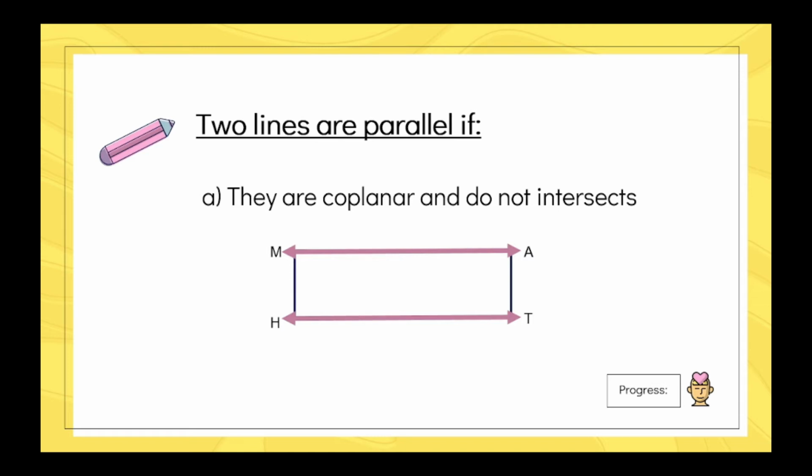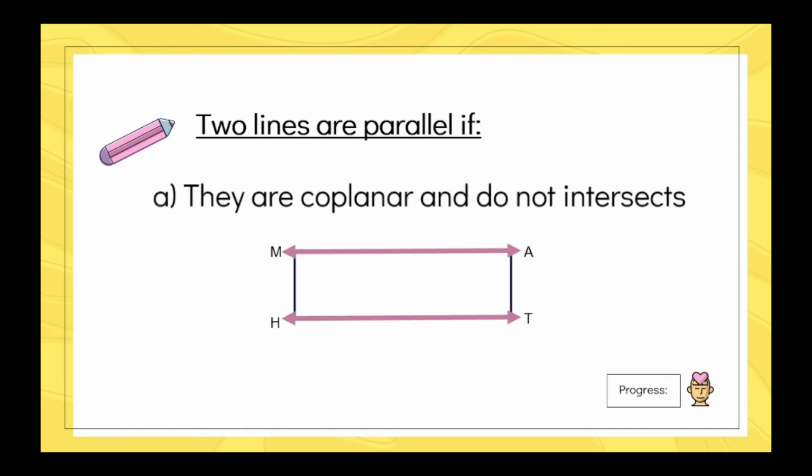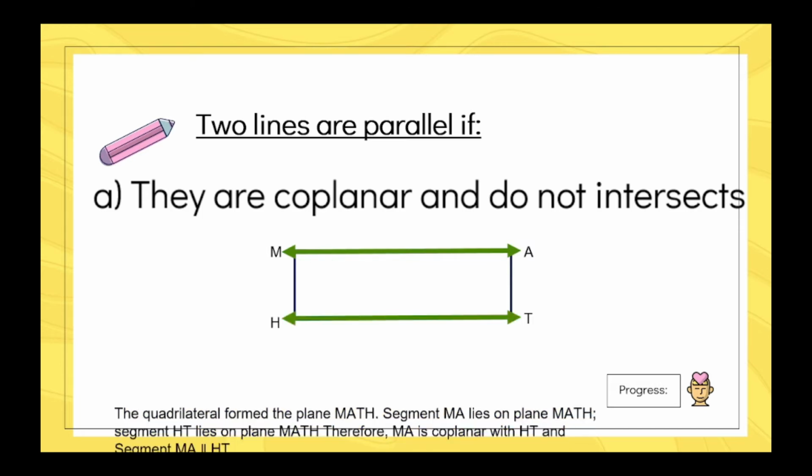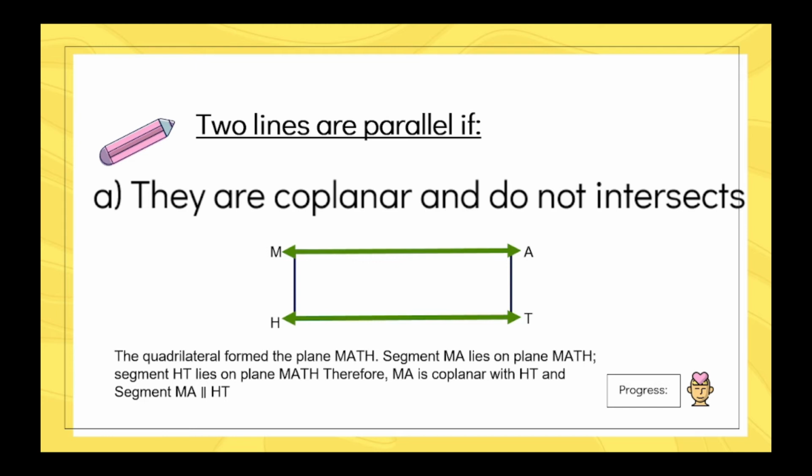So ang dalawang linya raw ay parallel kapag sila ay nasa iisang plane. Yun ang meaning ng coplanar. At hindi sila nag-i-intersect. So take a look at the given figure. We have line MA and we have line HT. So the quadrilateral formed by the plane MATH is a quadrilateral or a plane.